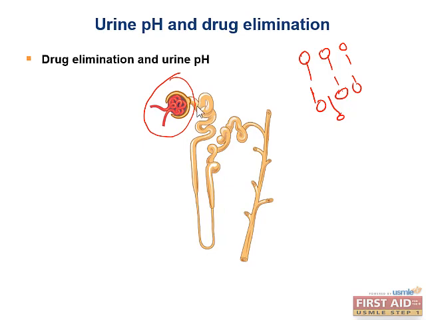However, ionized species, or charged particles, are going to get trapped in the urine, and they're going to be quickly cleared because their charge is going to prevent them from crossing the plasma membrane here. So neutral molecules can be reabsorbed across the tubules. Therefore, we can use this clinically. If a drug needs to be cleared quickly from the body, the urine pH should be adjusted so the drug becomes trapped in its ionized form and then eliminated from the body.